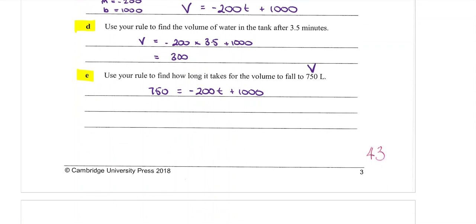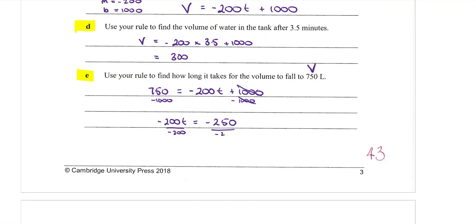Nobody knows. What's my opposite? Can't do the 200 first, I'll do the 1,000 first. Minus 1,000. Okay, so that will get rid of that. Let's switch sides to get the minus 200t equals 750 minus 1000 is minus 250. Next step, divide by minus 200.